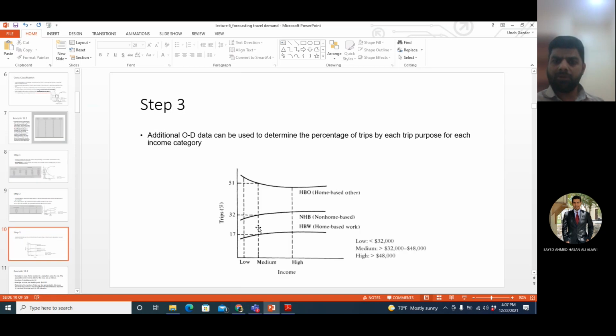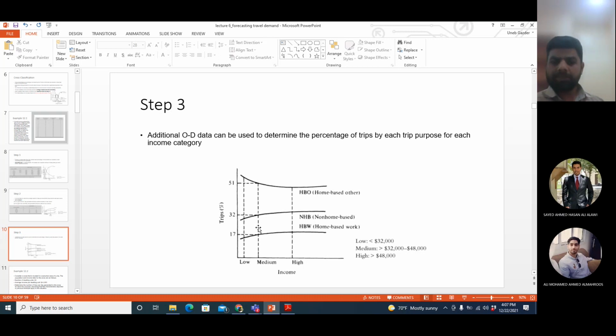And the third step required additional origin destination data to be taken, and in that data we found the number of trips for each type on the basis of income.